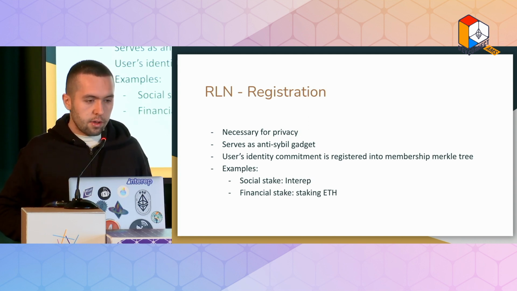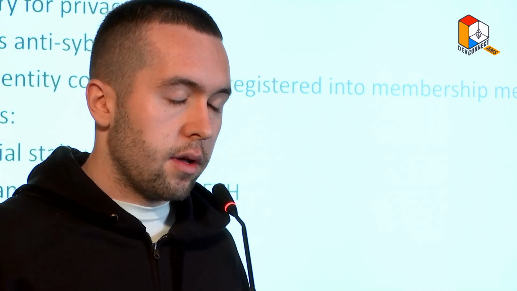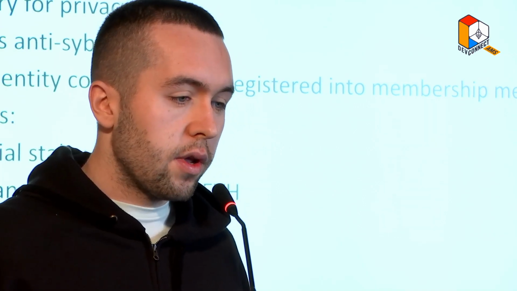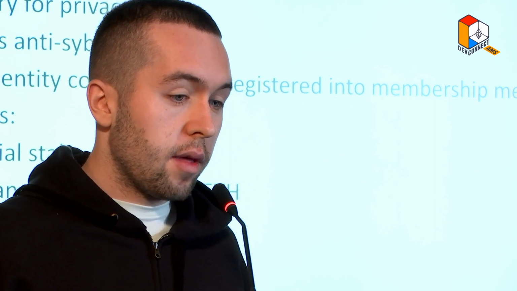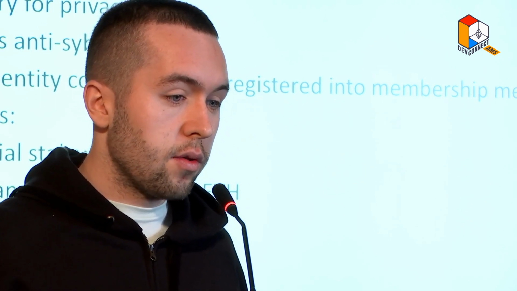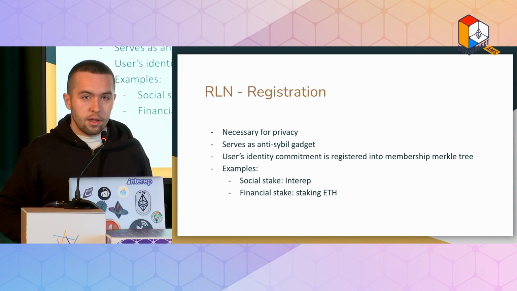An example for registration can be a smart contract which takes a stake, so users need to stake a certain amount when their identity commitment is added into the Merkle tree, or maybe it can be a social stake, so they can use something like Interep. The goal is to enable some kind of hardened registration for this step.